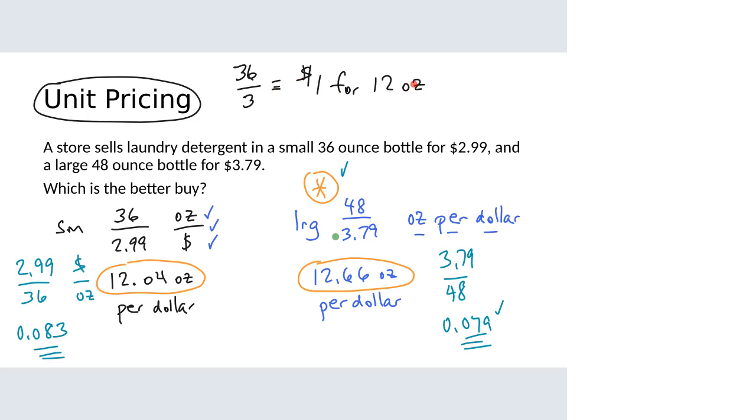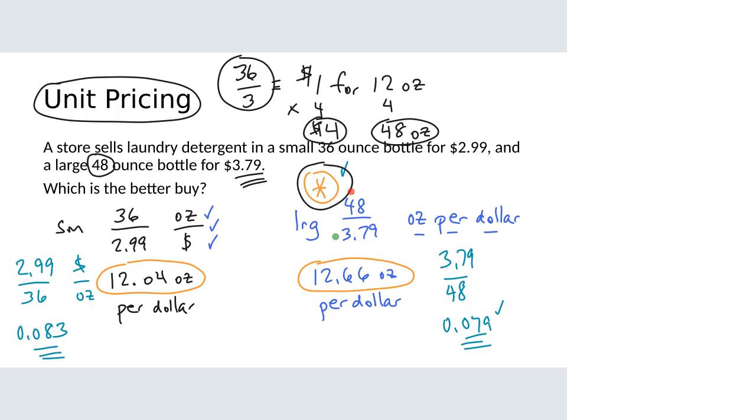And $1 for every 12 ounces, to get a 48 ounce bottle, I would have to multiply this by 4 to get 48 ounces. And I'd multiply this by 4, and that would be $4. So at this price point, I would be paying $4 for 48 ounces. Instead, I'm only paying $3.79. Since I'm only paying $3.79, this one is a better deal.